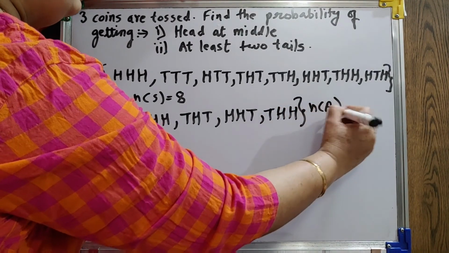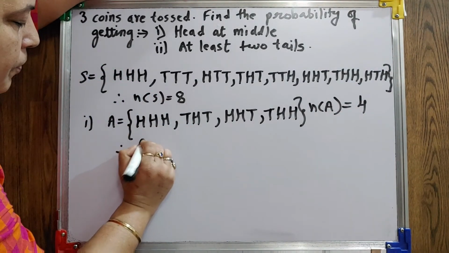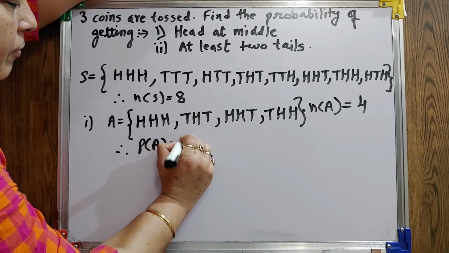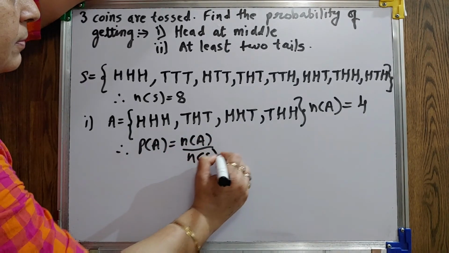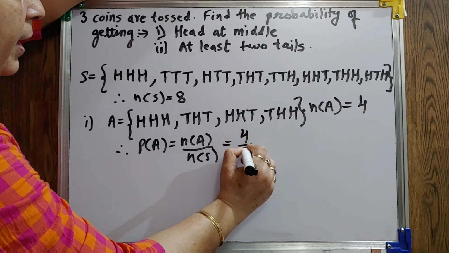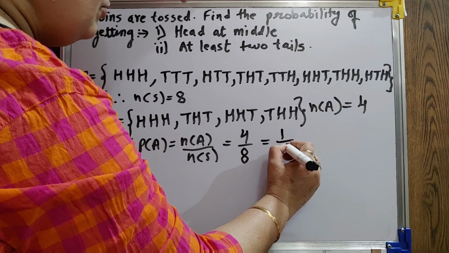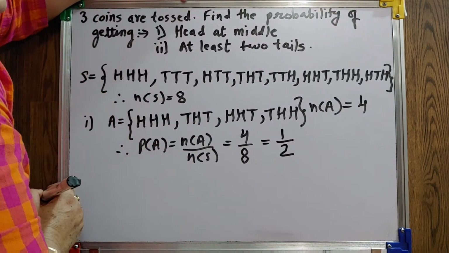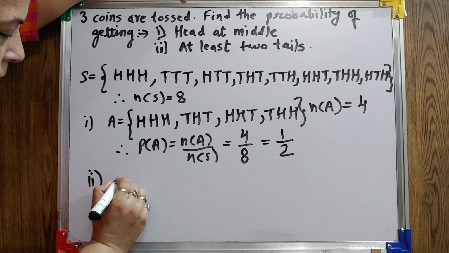So my N of A is 4. Therefore, probability of A will be N of A upon N of S, 4 by 8. Always reduce it. Otherwise, you won't get marks in your board exam. If it is reducible, always reduce it.